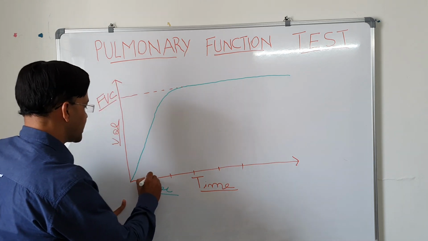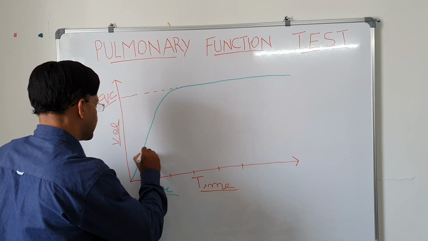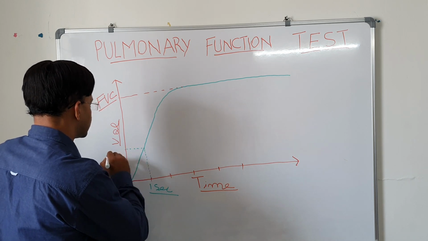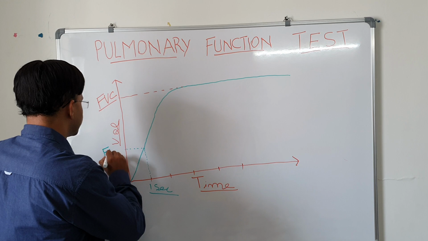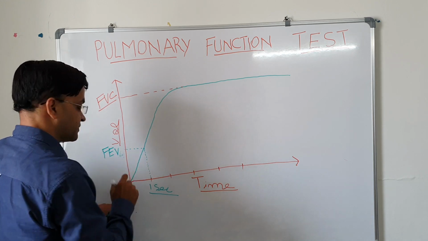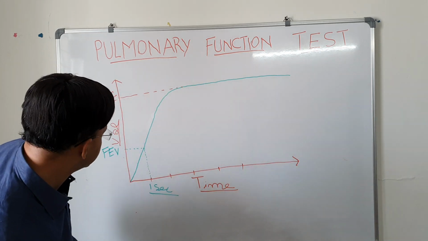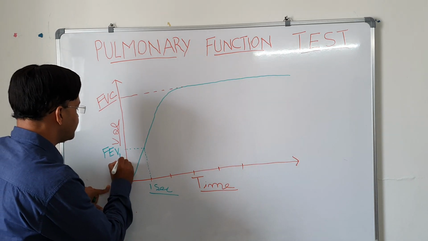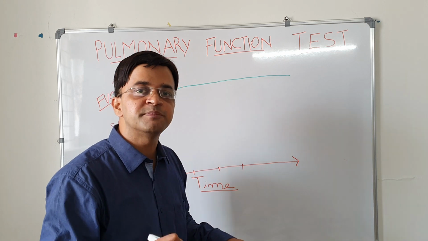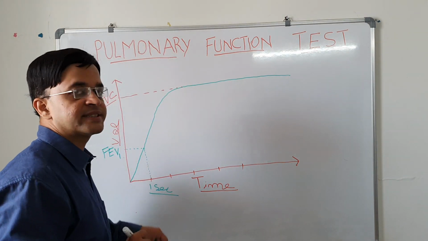Okay, if we try to plot it like this, and then plot it like this, then this point will give us our FEV1. FEV1 signifies the amount of air that has been blown out by the patient in the first second.